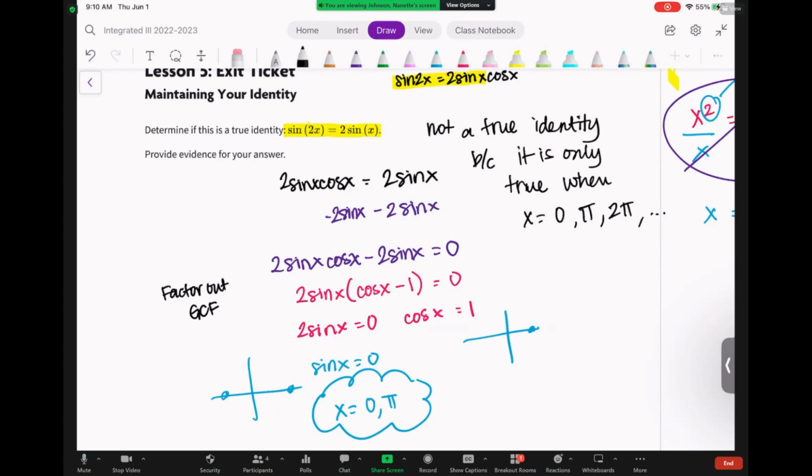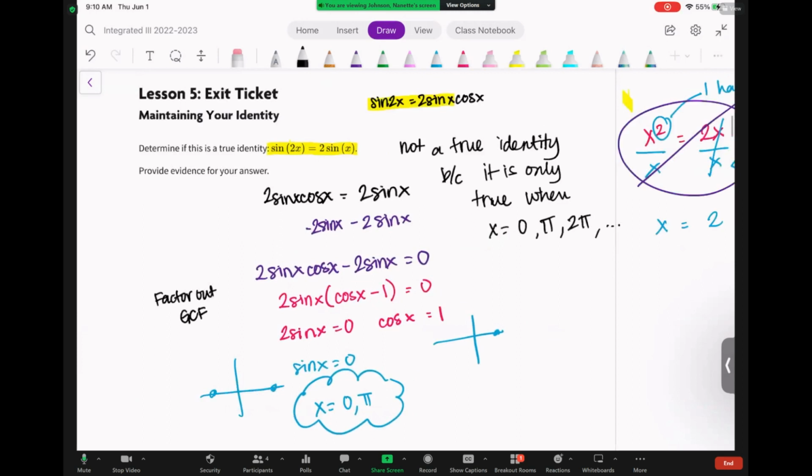Questions for me. So let me just go over this again. When you're proving an identity, you really want to make one side look like the other. In this case, once I got to 2 sine x cosine x equals 2 sine x, I noticed that I can't get 2 sine x to look like 2 sine x cosine x.